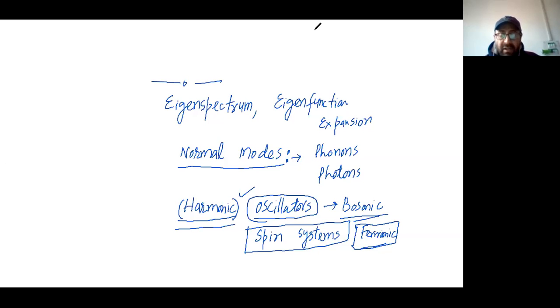Last time the general discussion was in terms of the eigenspectrum of general linear operators, but today we'll restrict ourselves to a particular class of operators. In quantum mechanics, the state space from a mathematical point of view is basically a complex vector space.